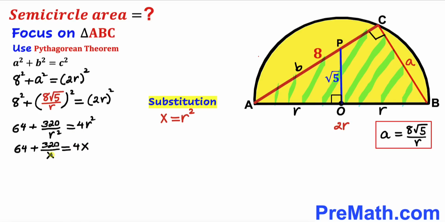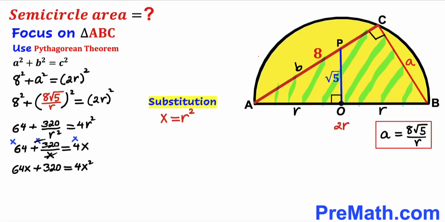Now I'm going to clear this fraction by multiplying by x across the board, with each and every term. So this is going to become 64x plus, rather, this x and x is gone, so we got 320 equal to 4 times x squared.